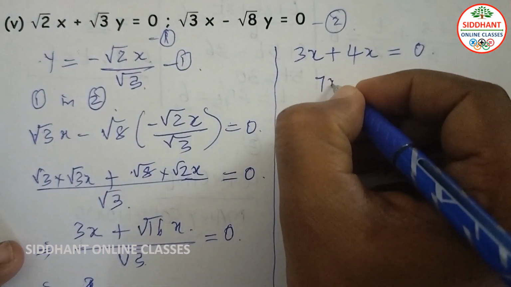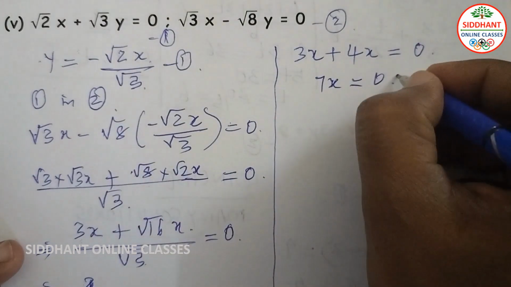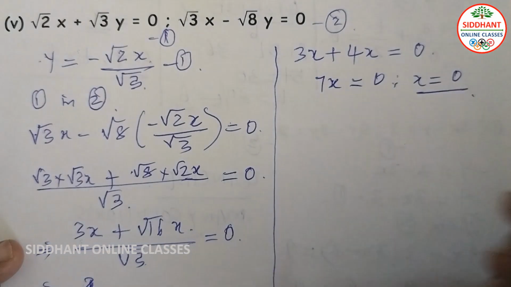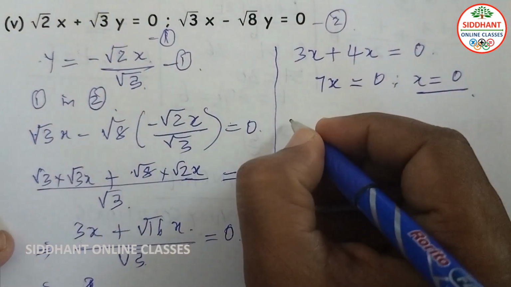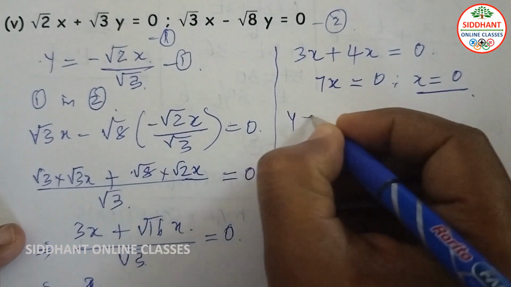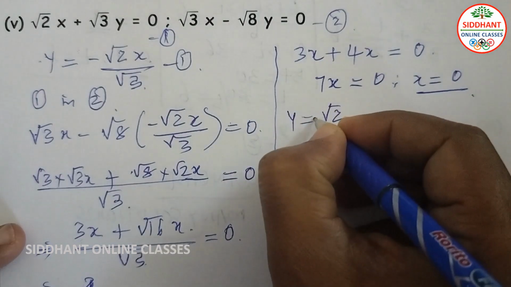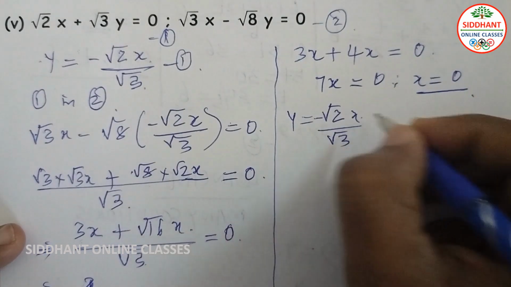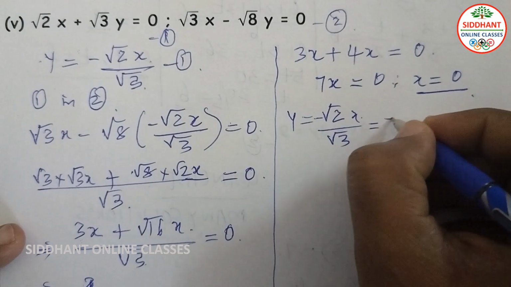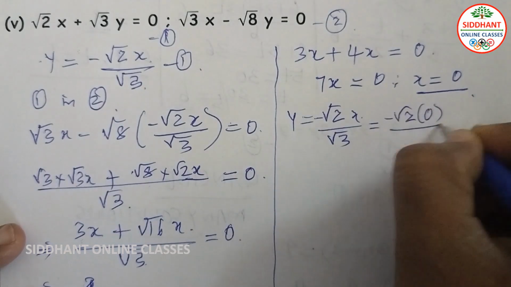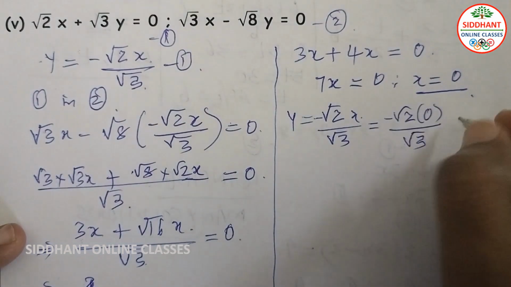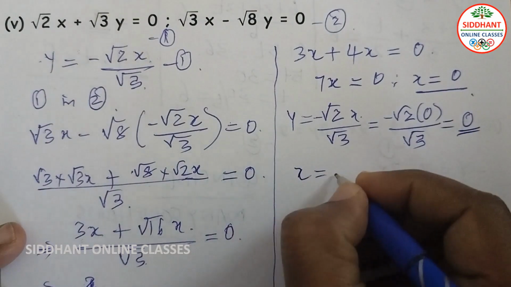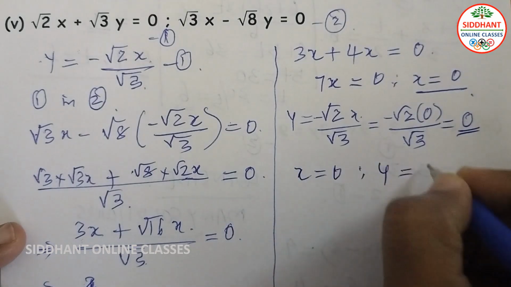So now 7x equal to 0 and x equal to 0. So now x equal to 0, we are going to find y. So we know y equal to minus root 2x by root 3. So in the x place we are going to keep 0, minus root 2 into 0 by root 3. So that will become 0 here. So here x equal to 0 and y equal to 0.